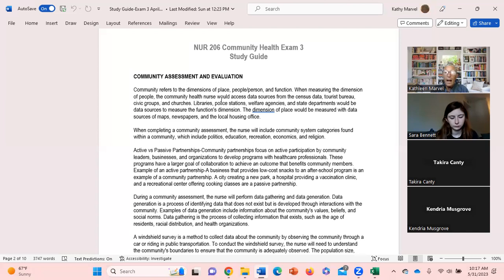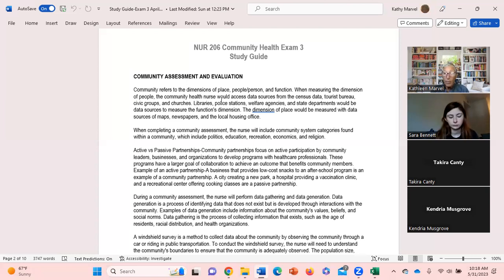Okay. What's an active versus passive partnership in the community? Anybody know without reading this? What's the difference? So an active partnership, an example would be low cost snacks to an after school program. Okay, that's actively involved.